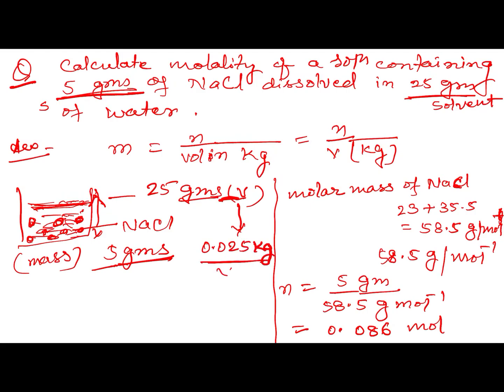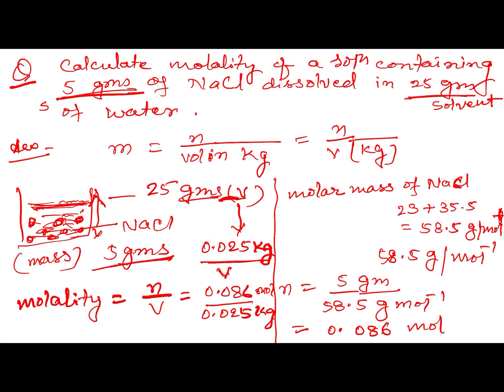Now molality is equal to n by m, n is equal to 0.086 mole divided by 0.025 kg, that is equal to 3.44 mole per kg.